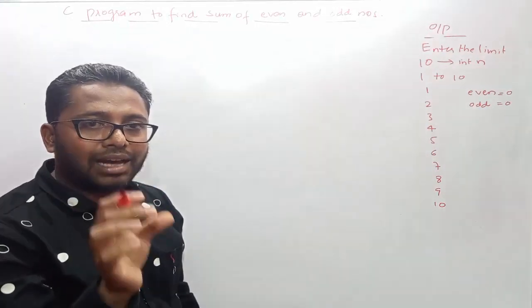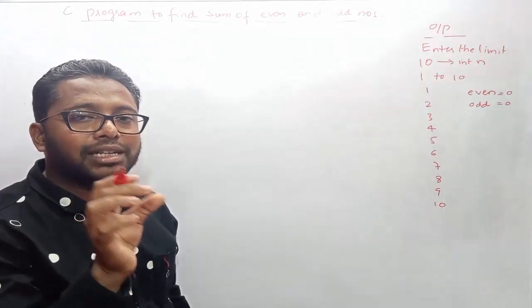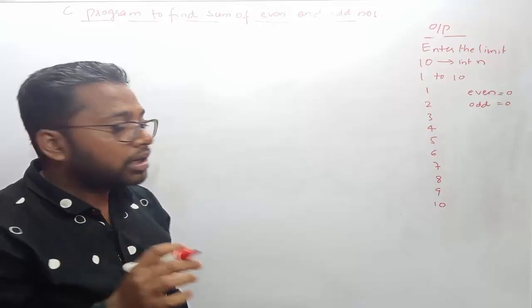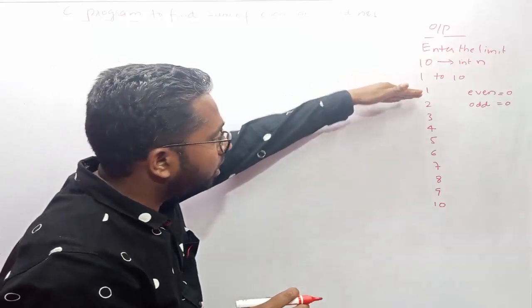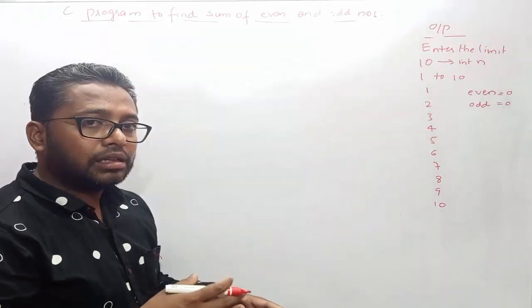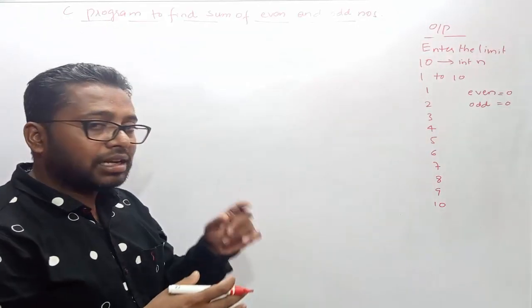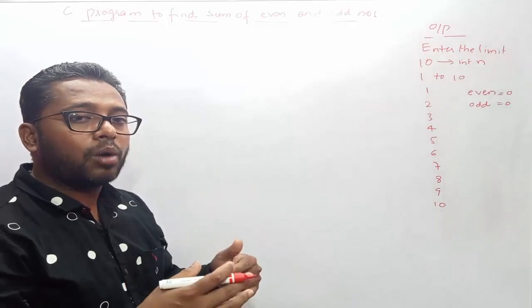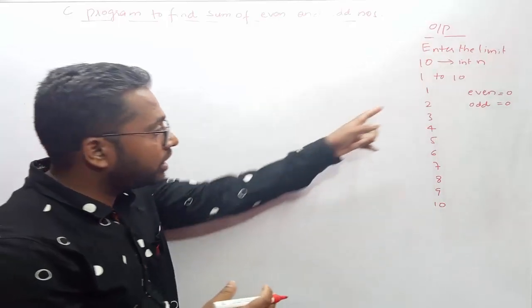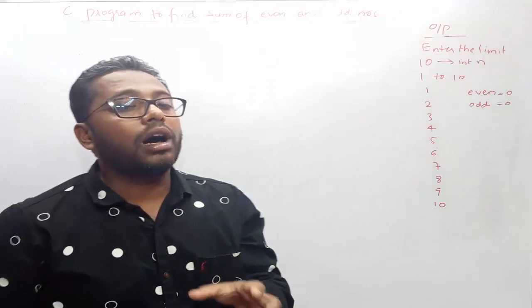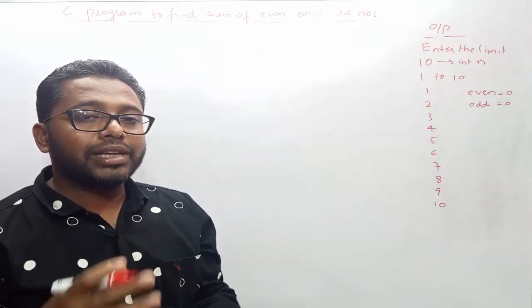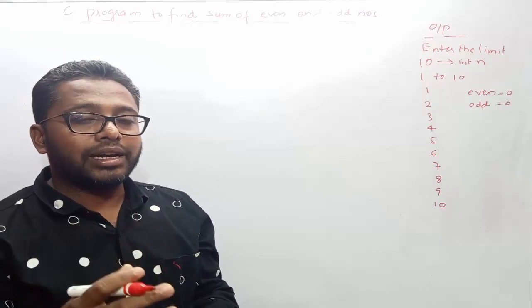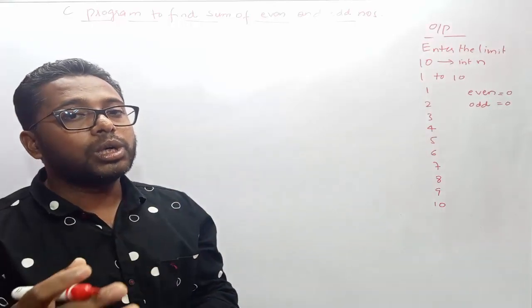That means this task of checking whether the number is divisible by 2 or not, I need to perform with each and every number which comes under the range of 1 to 10. Now in this solution you can see there is one task which gets performed repeatedly, again and again, with each and every number. When you are performing the same task again and again, you should use a loop, either a for loop, a while loop, or a do while loop.